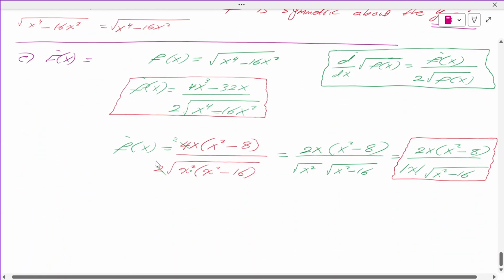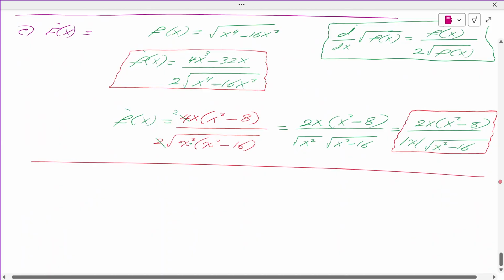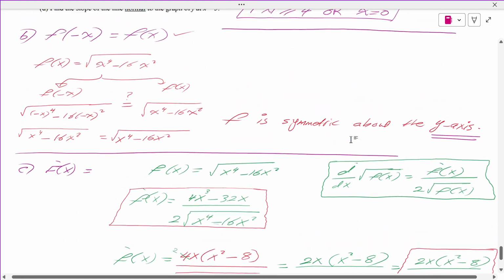So for part D, the slope of the tangent line, m of the tangent, will be f prime of 5. We know that the slope of the tangent line is the same as the instantaneous rate of change, the same as the derivative of the function at that x value, which in this case is 5.